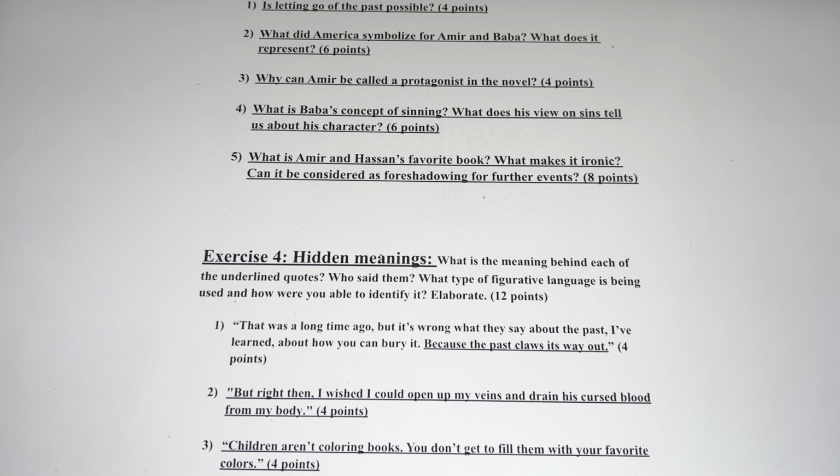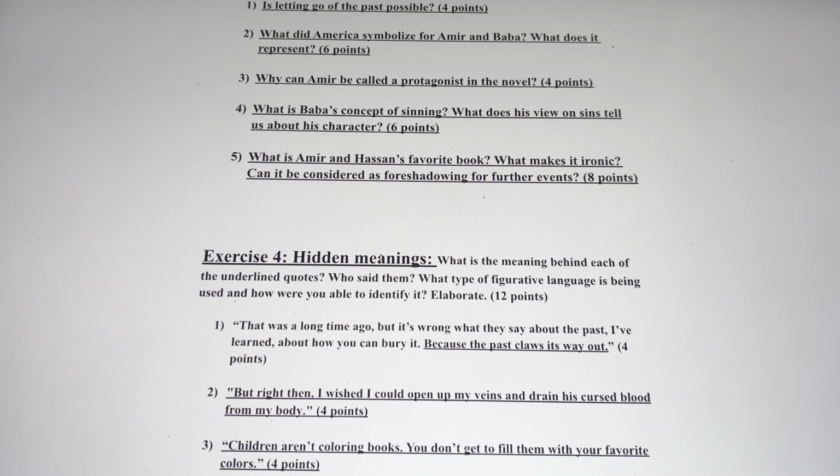What is Baba's concept of sinning? So Baba's concept of sinning was mentioned, I think, once or twice throughout the novel, and it's basically that everything is considered theft, and if you kill someone, it's considered stealing their life. If you commit adultery, it's considered stealing a man's wife.